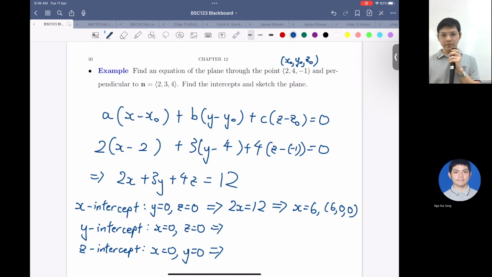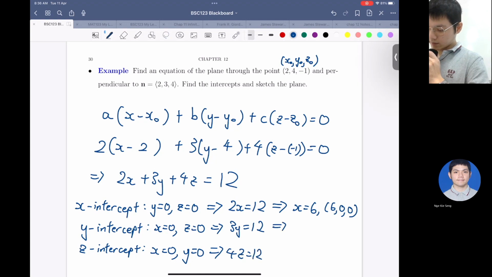You get 3y equals 12, so y equals 4, and 4z equals 12, so z equals 3. Make sure you put the right coordinate for each point.